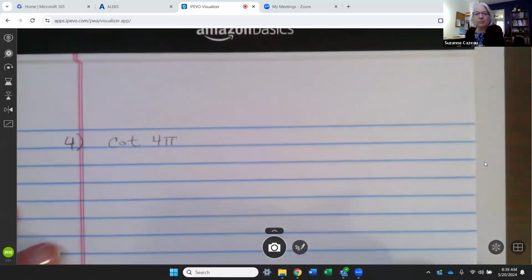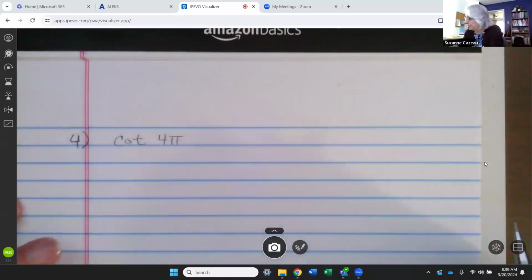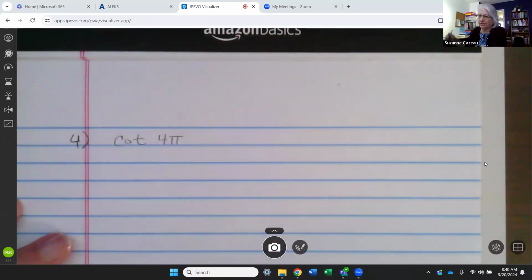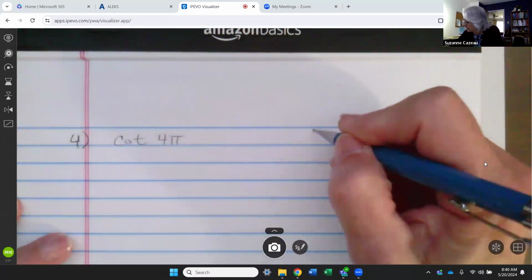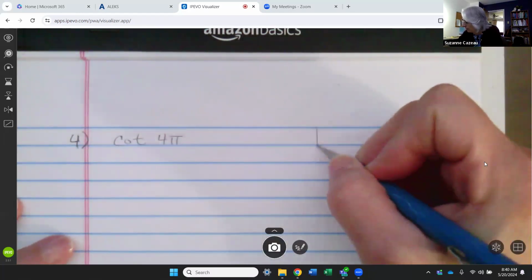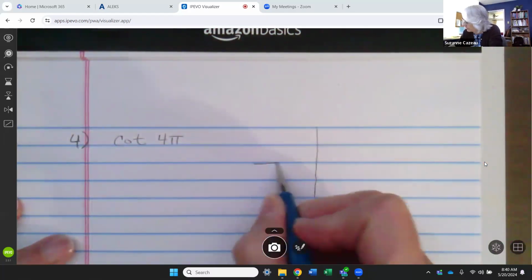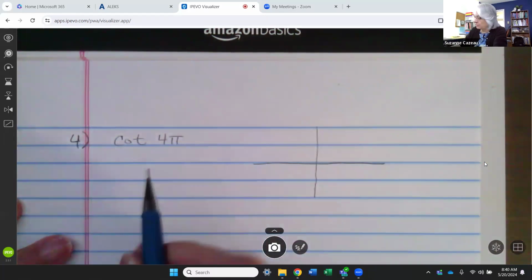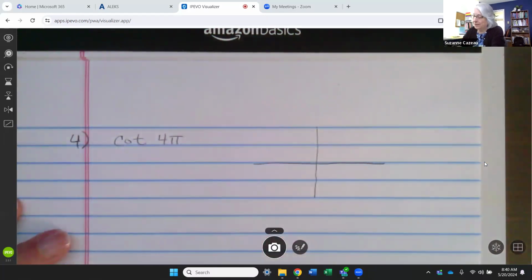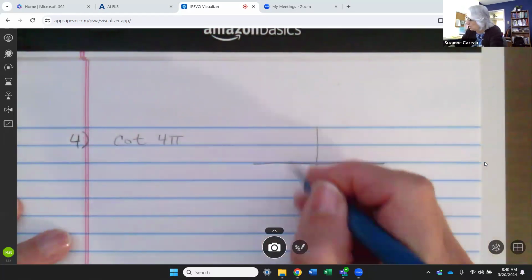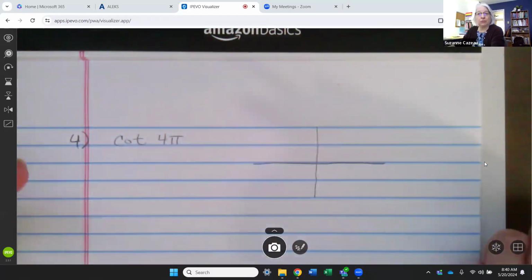All right, now there's a couple things that I want to do. It says use the unit circle, but you know what? I don't really use the unit circle unless I'm just doing quadrantal angles. And if you just think about what's happening with 4 pi, let's see how you go around. How do you go around the circle? Well, it's in a positive direction because that's positive 4 pi. And every time you go around the circle, that's 2 pi.